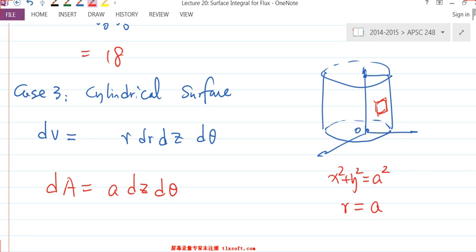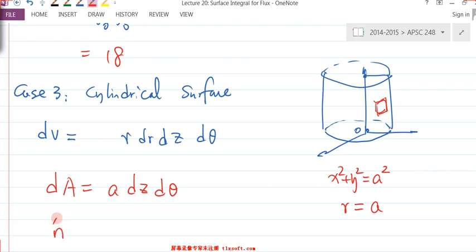If you need a better derivation, you can look at the lecture notes, where you calculate the rectangular area delta A and then get this. So that's dA.